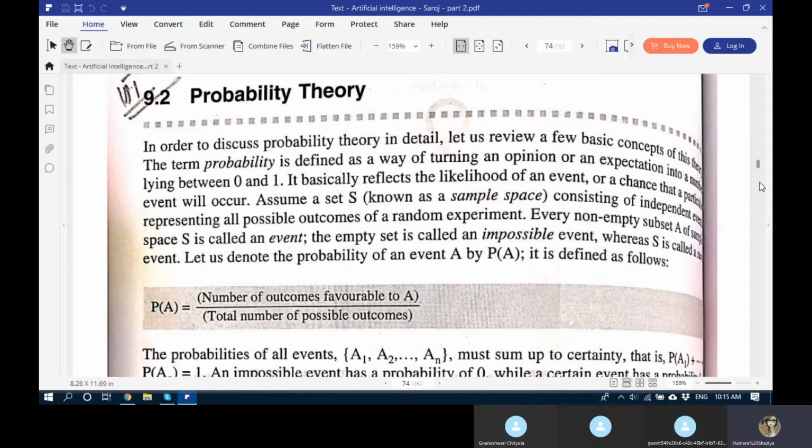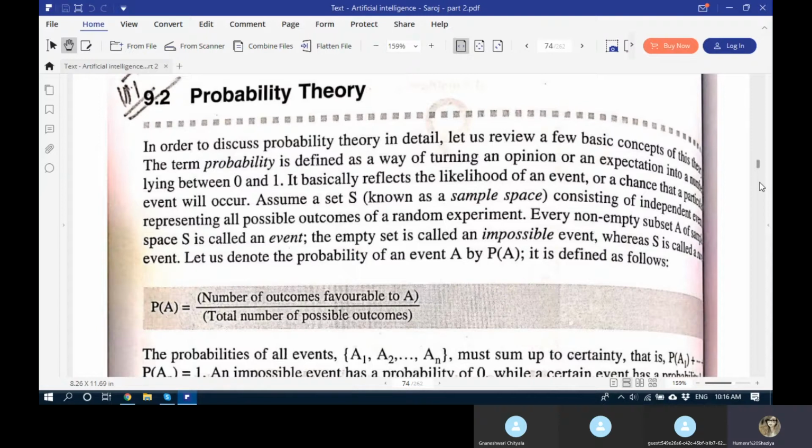Assuming a set S, which is called as a sample space, consisting of independent events representing all possible outcomes of a random experiment. If you have a dice, and if you throw a dice, the sample space is between 1 and 6, because you can get a dice showing the surface of dice showing 1 or 2 or 3 and so on up to 6.